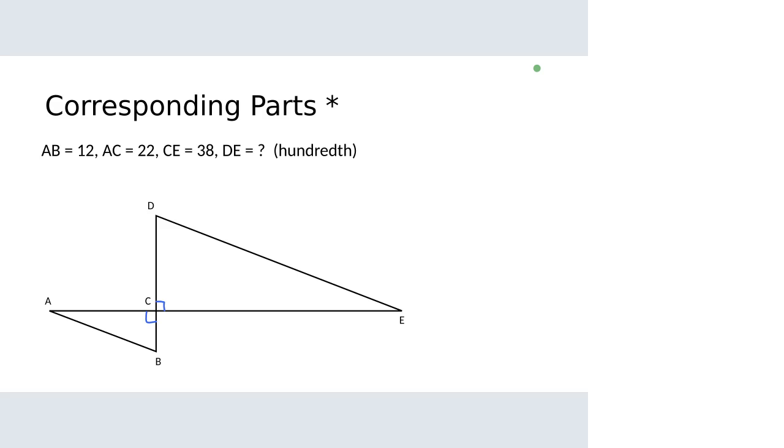This one we've been given a picture, but we haven't been given a labeled picture. So we have to be careful to make sure to label those side lengths correctly before we try to solve anything.